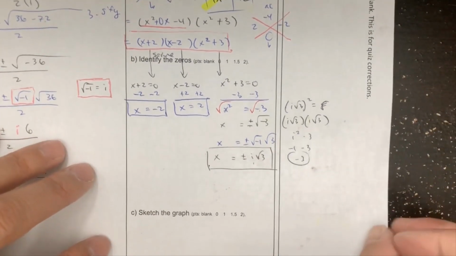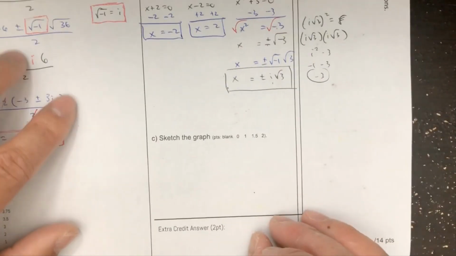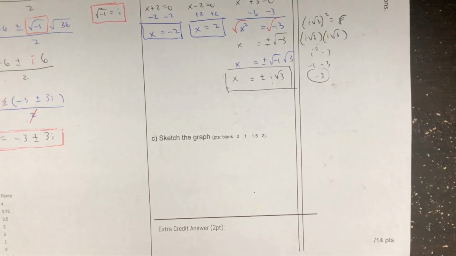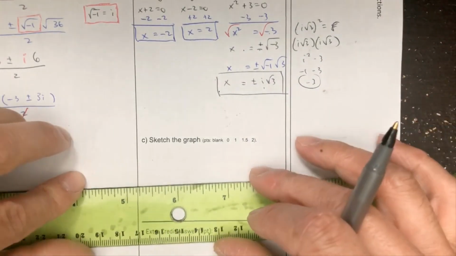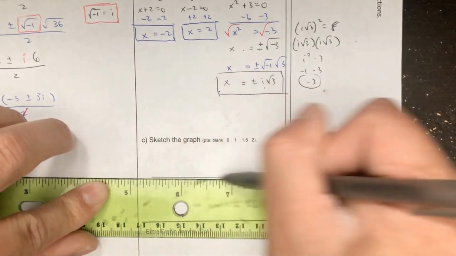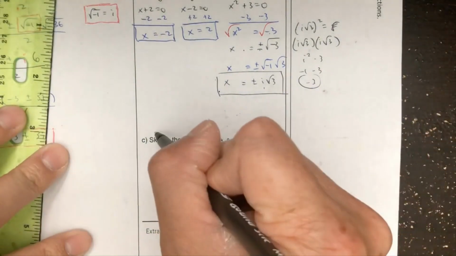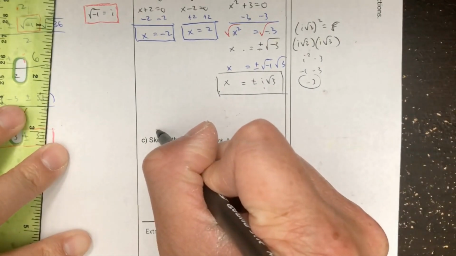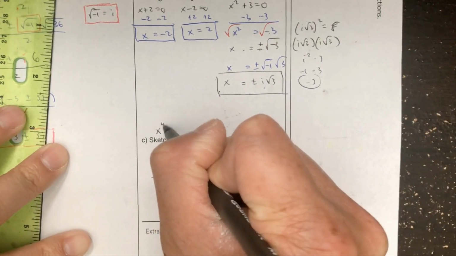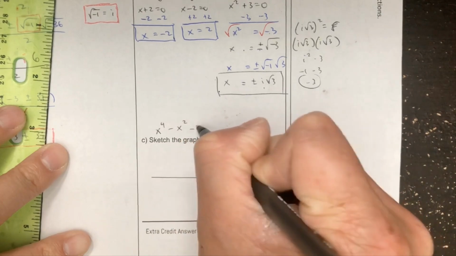Okay, sketch the graph. Use my straight edge. I'm going to write the original problem down here just so you can see it. x to the 4th minus x squared minus 12.